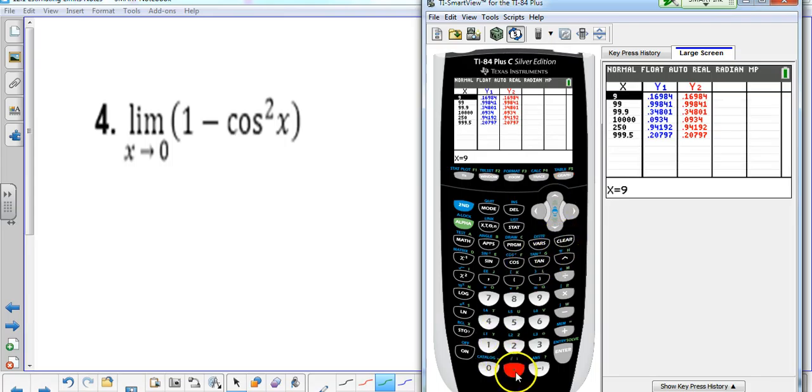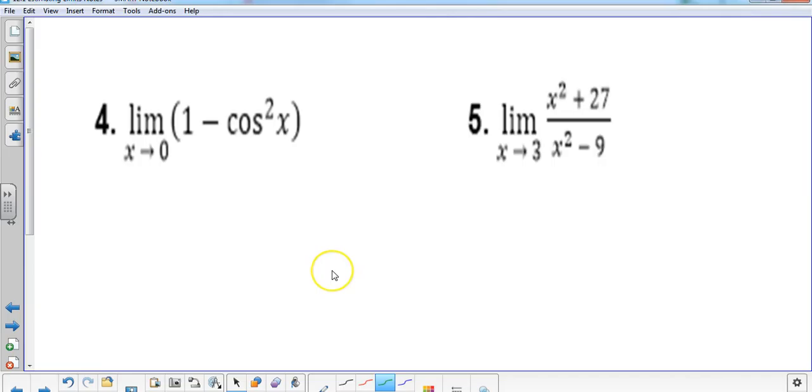We need values close to 0, so like 0.0001 and negative 0.0001. Okay, I got weird scientific notation answers here. But what is 1 times 10 to the negative 10? It's basically 0, and 1 times 10 to the negative 8th. Okay, both very tiny numbers, so this is approaching 0.